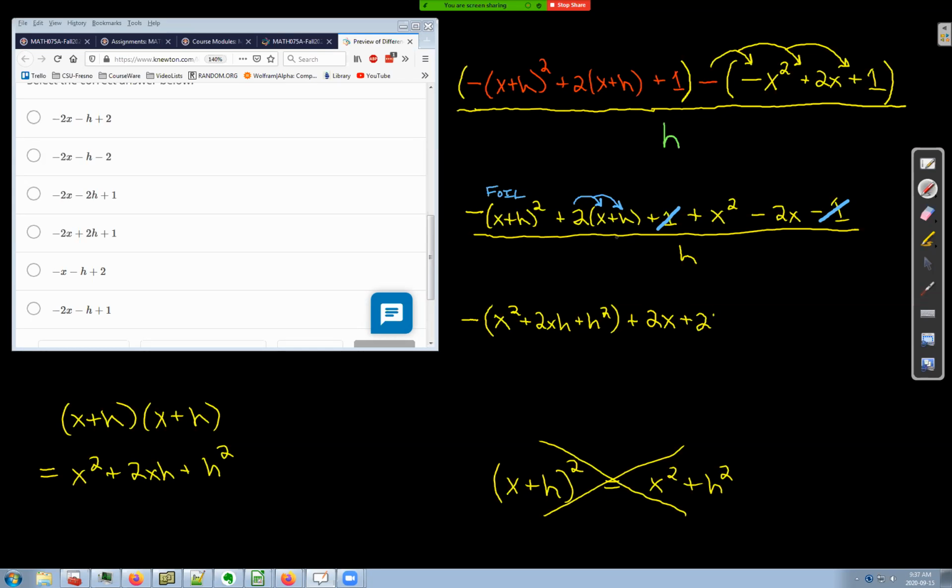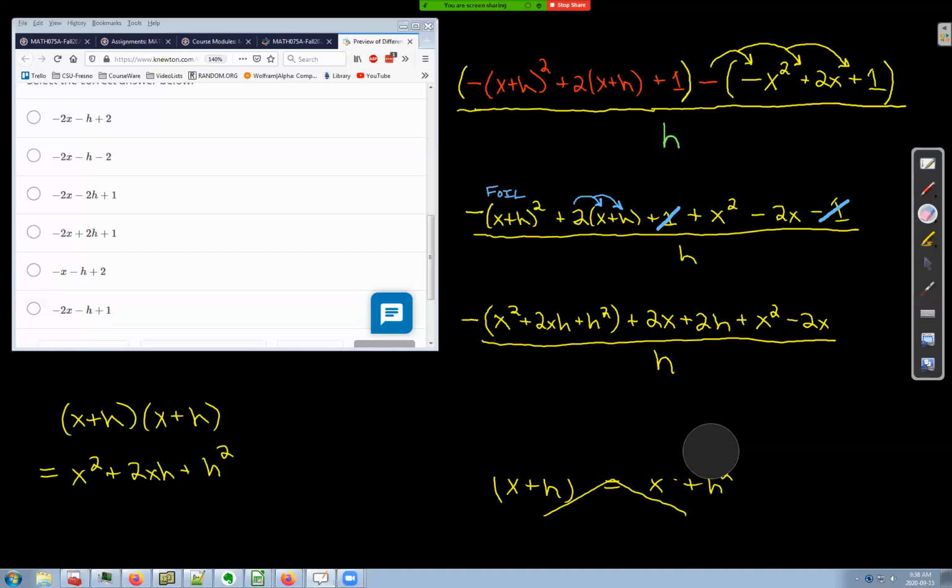So they're long, but hopefully they're not hard. Just because something has a lot of steps, as long as each step is easy, that's okay. And that's the way I want you to think about the difference quotient: it has a lot of steps, but each step is not too hard, so I think I can do it. You just have to practice.